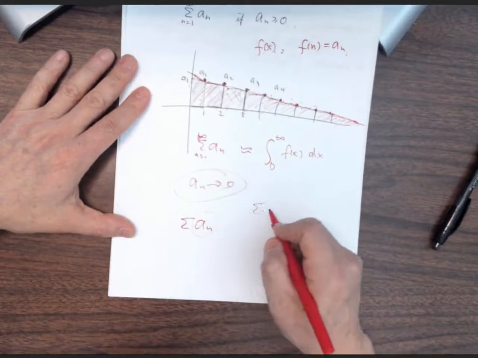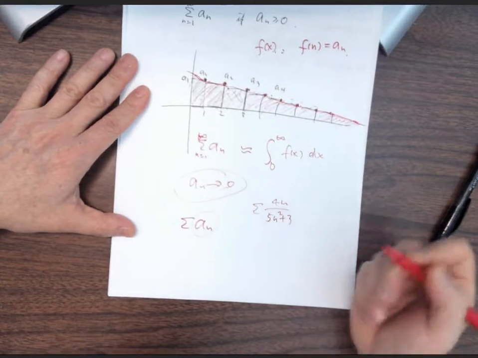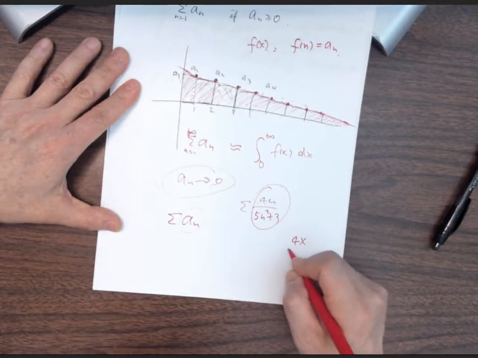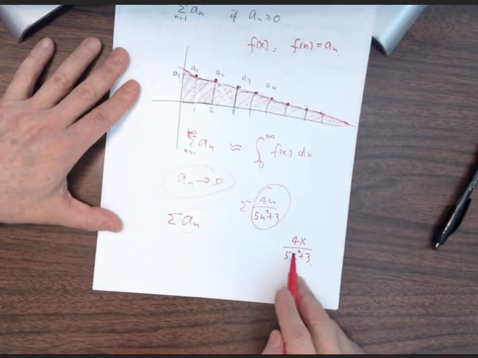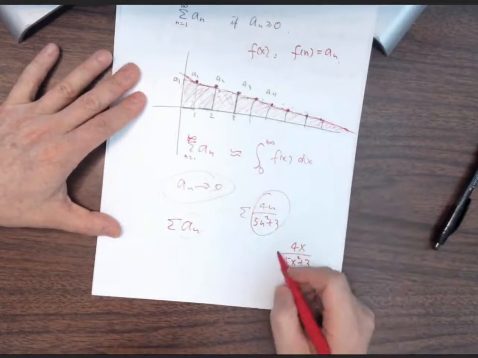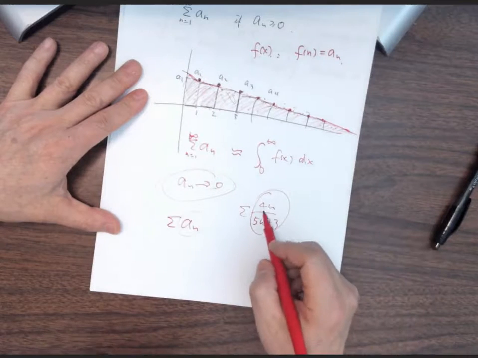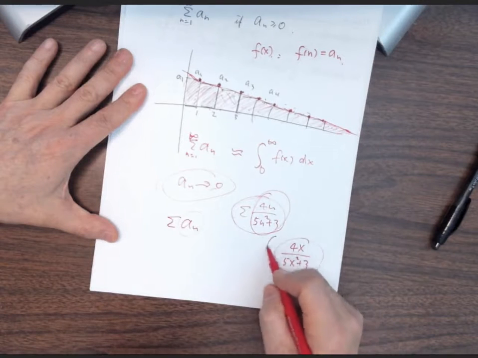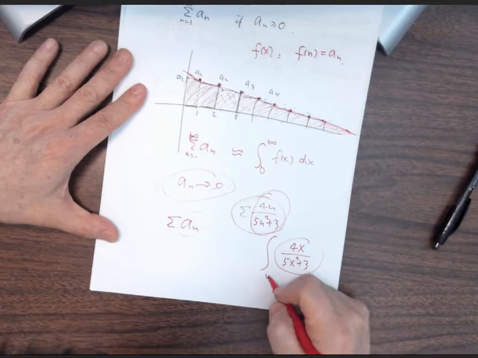For example, given sigma 4n over 5n squared plus 3, we construct our function just like that, replacing n by x. So from the graph up there, we can tell approximately the value of this is going to be close to the value of this improper integral, say from 0 to infinity.